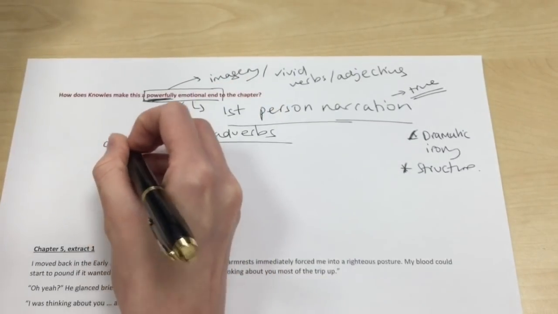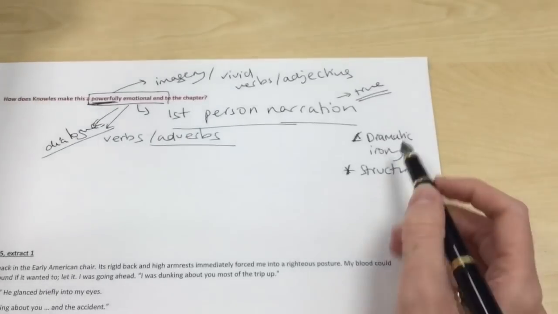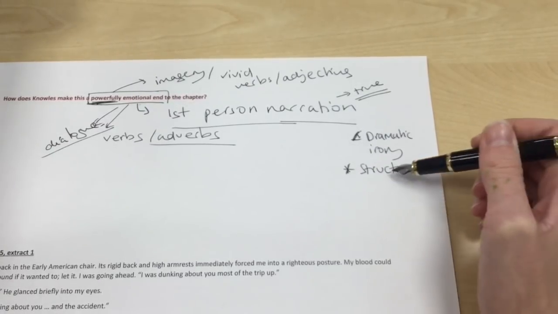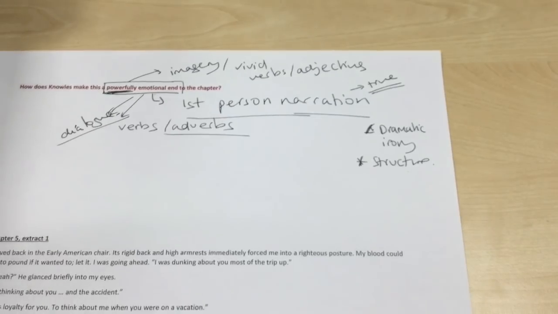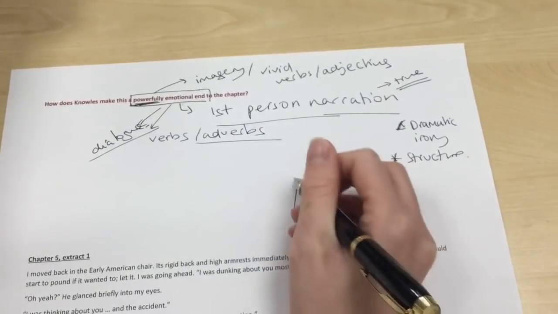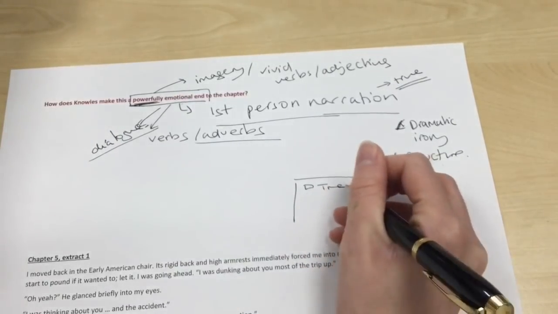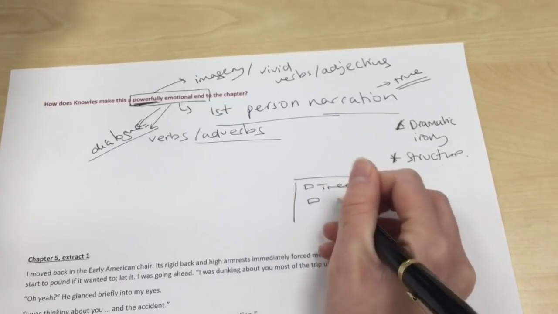I might also just add here if we need to look at dialogue as well. And I've just made a quick note. I might also be mentioning dramatic irony and not to forget about structure. And just in case you are really panicking tomorrow, you might also just want to make a quick checklist of things to mention. So I'm going to write for myself. Tree incident, don't forget about that.